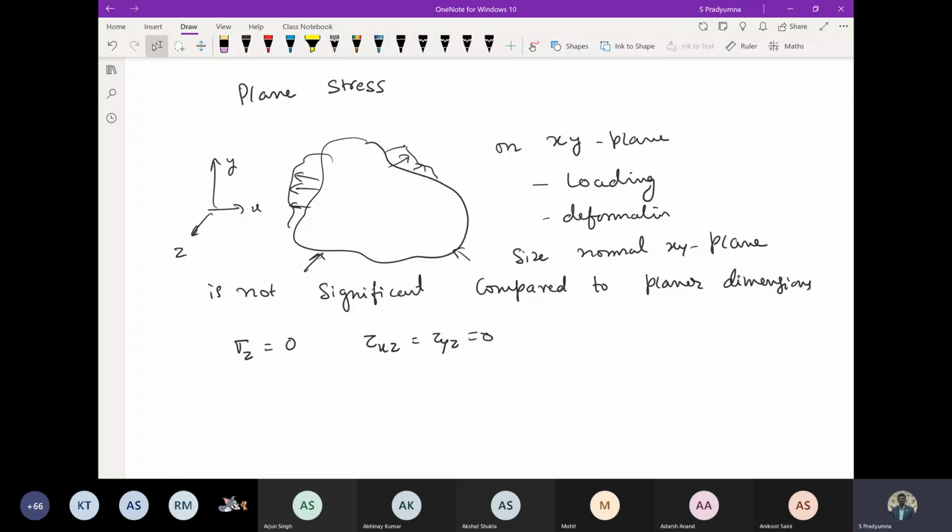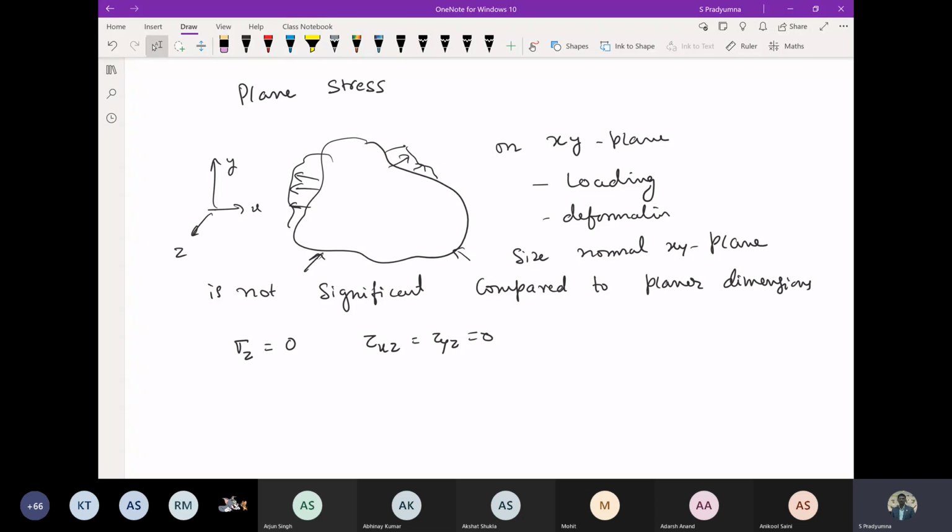So that means it is just a simplification we make from the general state of stress, where instead of dealing with 6 components of stress, 3 normal and 3 shear, we find it convenient to solve the problem in the two-dimensional domain. That is just our simplification.